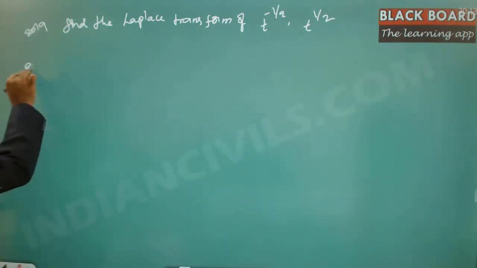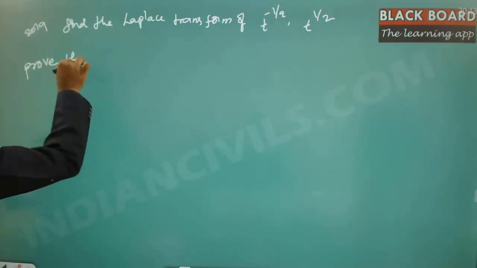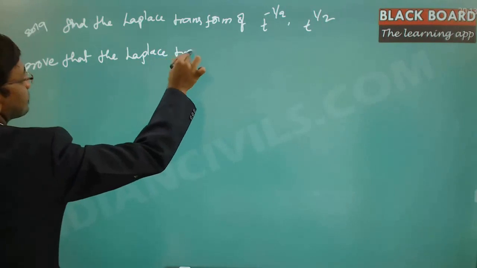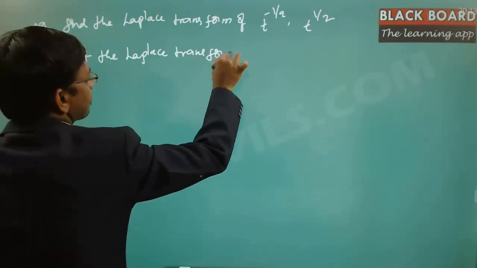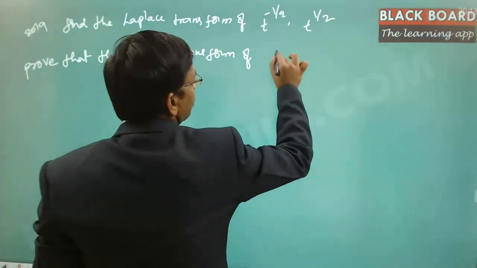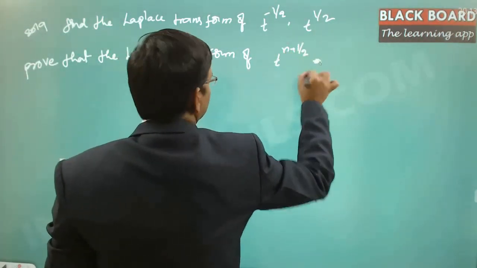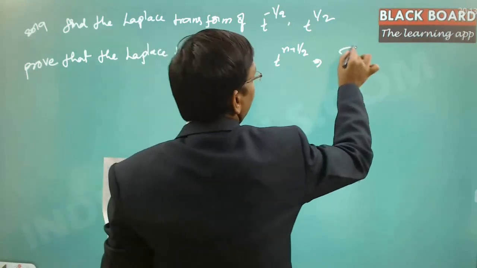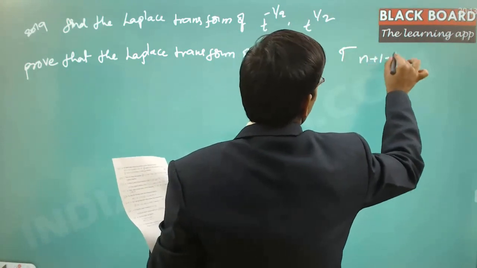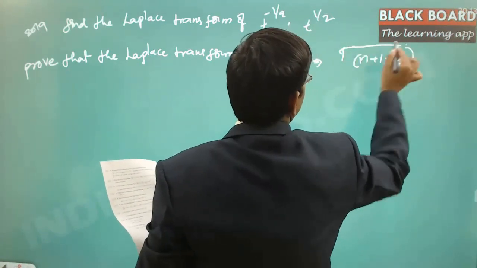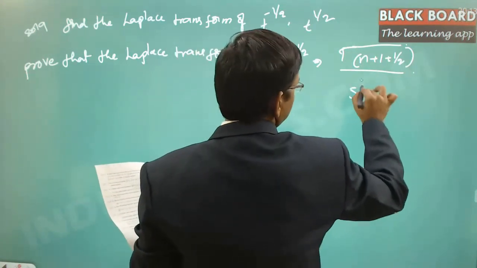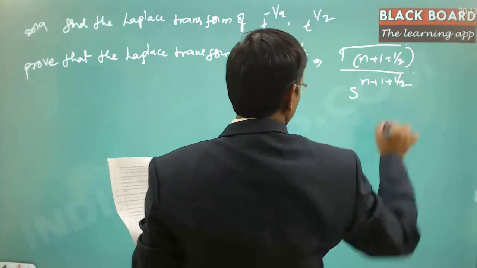Prove that the Laplace transform of t power n plus 1 by 2 is equal to gamma of (n plus 1 plus 1 by 2) whole divided by s power (n plus 1 plus 1 by 2).